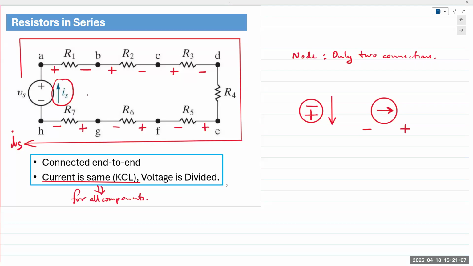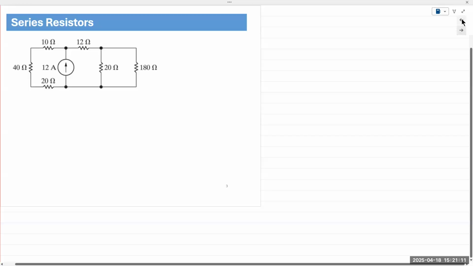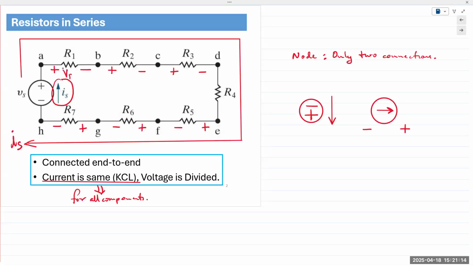Okay. So let's say this is voltage VR1, VR2, VR3, VR4, VR5, VR6, VR7. Right? If we write the equation for the voltage across each resistor, what do we get? Ohm's law.